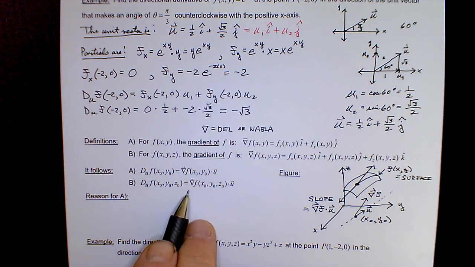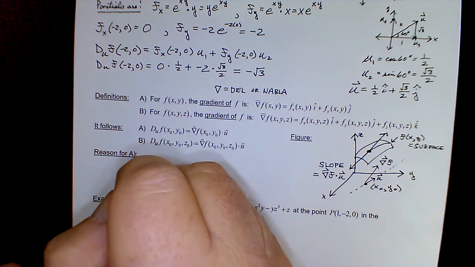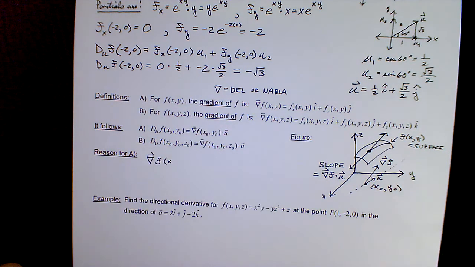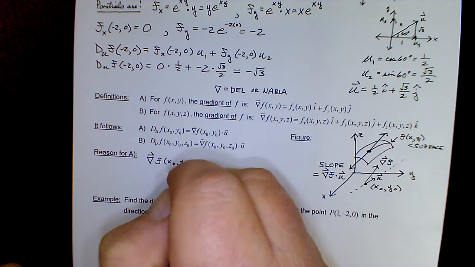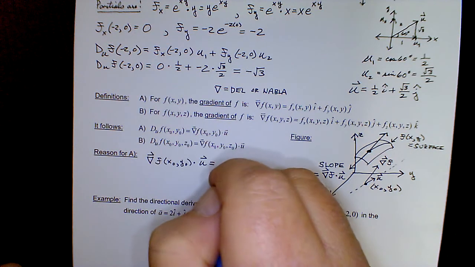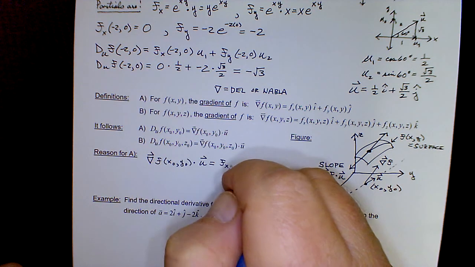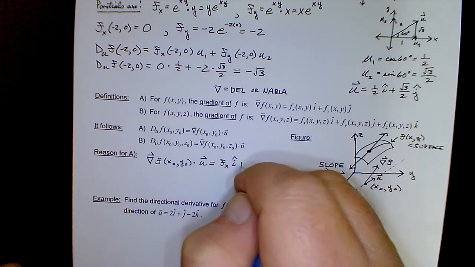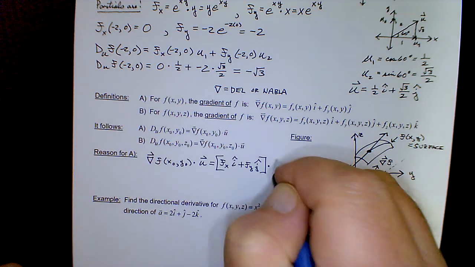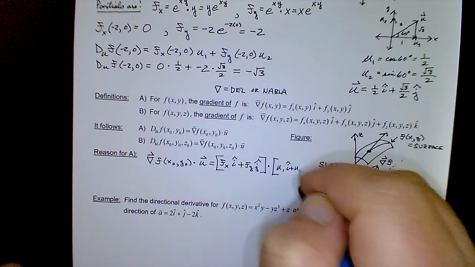Now the reason why this is true, let's say I wrote here reason for A, is because if you consider what del, or the gradient of f of x, y is, f of x sub 0, y sub 0, and we dot it with u, that would be, by definition, f sub x i plus f sub y j, dotted with the unit vector u1 i plus u2 j.